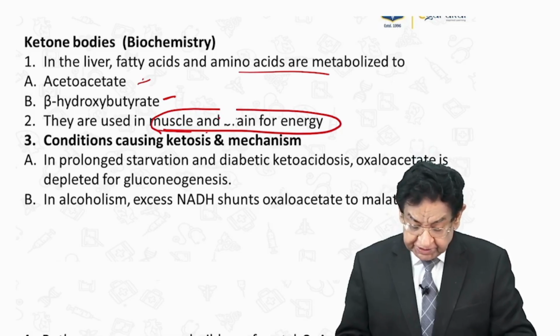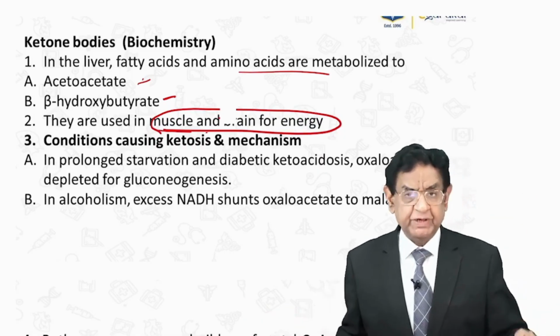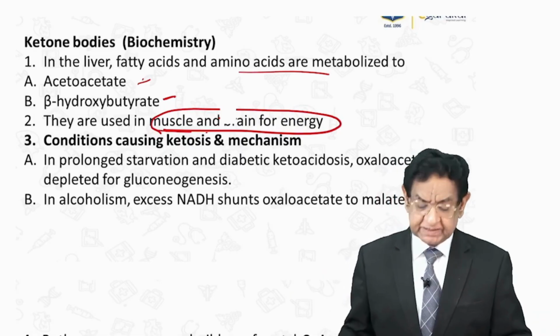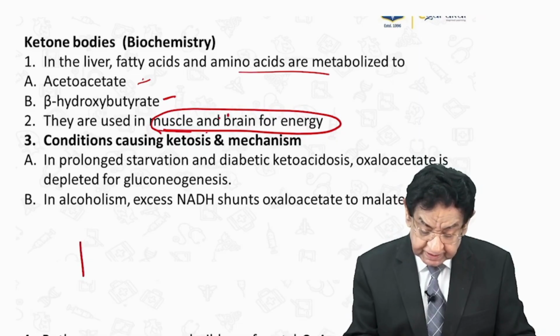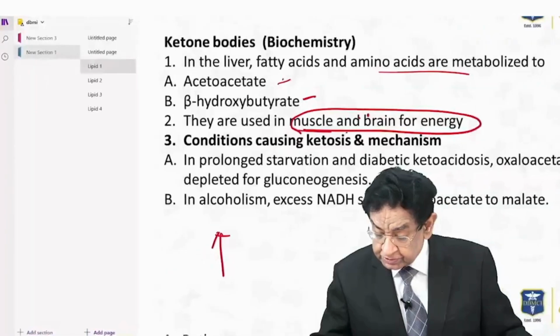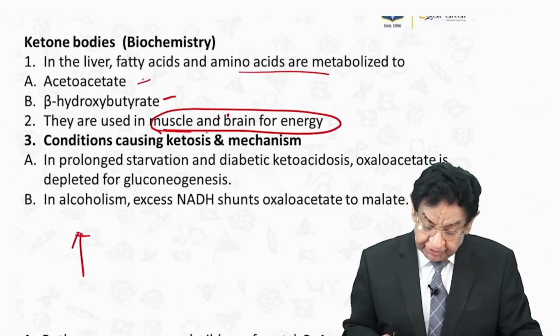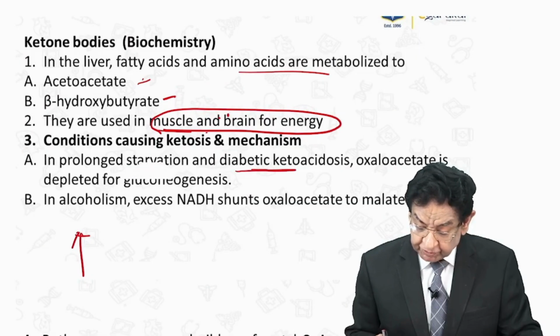Now, what are the conditions which can lead to ketosis? Ketosis means an excess of ketones getting produced. Normally ketones are being produced, but ketosis means an excess of ketones, a high amount of ketone is there. That can lead to so-called ketosis. If you look into the slide, the two important conditions which cause ketosis are prolonged starvation and diabetic ketoacidosis.